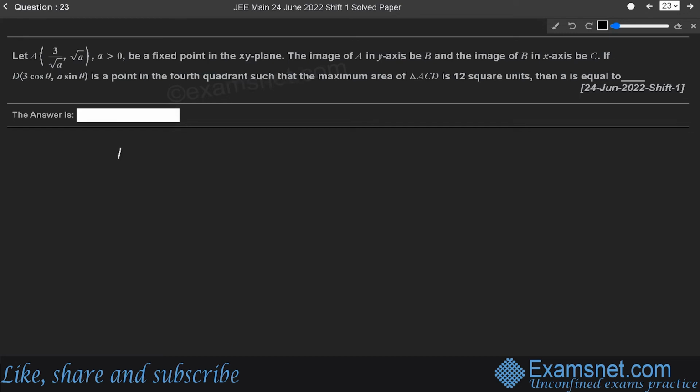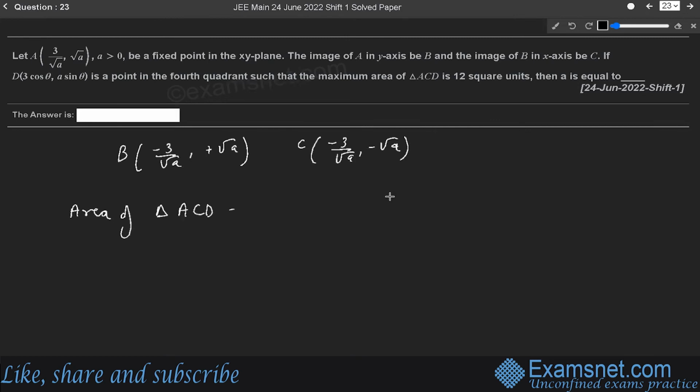It is clear from the question that B will be (-3/√a, √a), and C will be (-3/√a, -√a). So area of triangle ACD will be equal to half into the determinant of 3/√a, √a, 1; -3/√a, -√a, 1; 3 cos θ, a sin θ, 1.